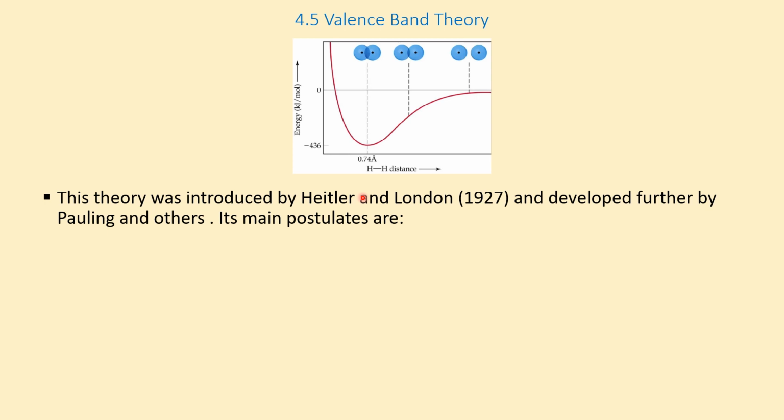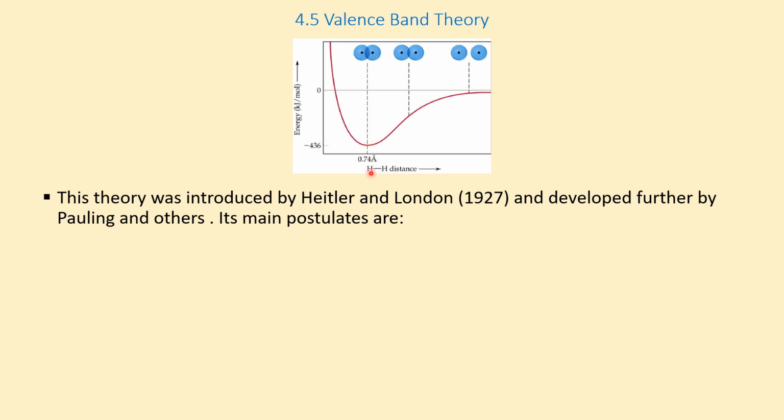At this stage, the two hydrogen atoms are said to be bonded together to form a stable molecule having the bond length of about 0.74 Angstrom. This is shown in the figure. This is a stable molecule having bond length of 0.74 Angstrom.